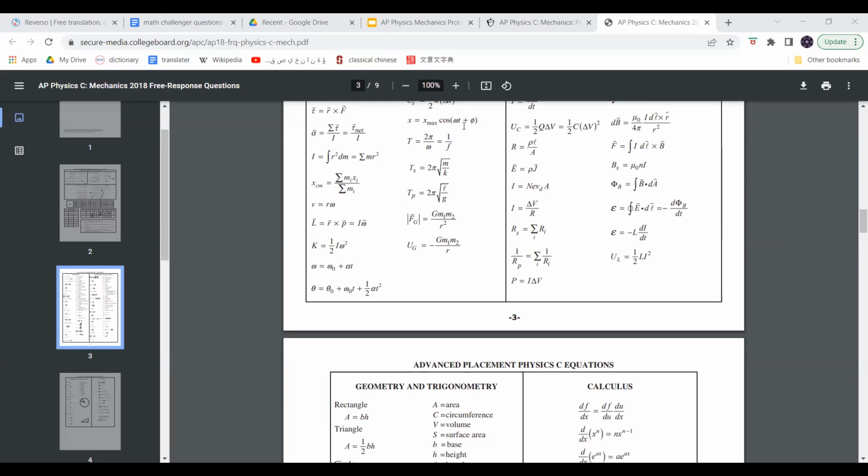Which one is next? Here you have your restatement of Newton's second law, but with torque. Wait, no. I was thinking about where this came from. It's that tau net is equal to I alpha, where I is the moment of inertia, and alpha is your angular acceleration.